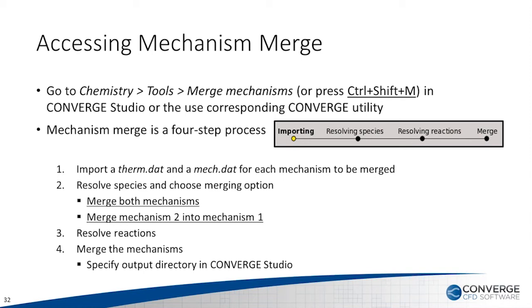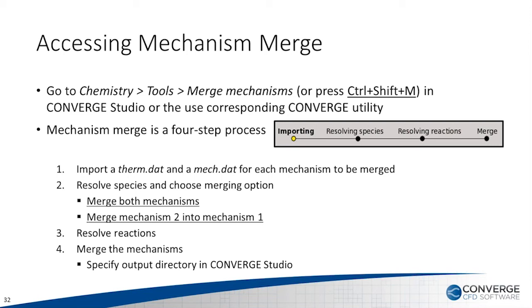But no matter which method you are using, there are typically 4 steps involved. The first one is getting 2 mechanisms and the thermo data associated with each mechanism. Later, you have to resolve the conflicts. First, you need to resolve the conflicts on the species. Second, you need to resolve the conflicts on the reactions. The conflicts can be different, depending on how you merge 2 mechanisms.